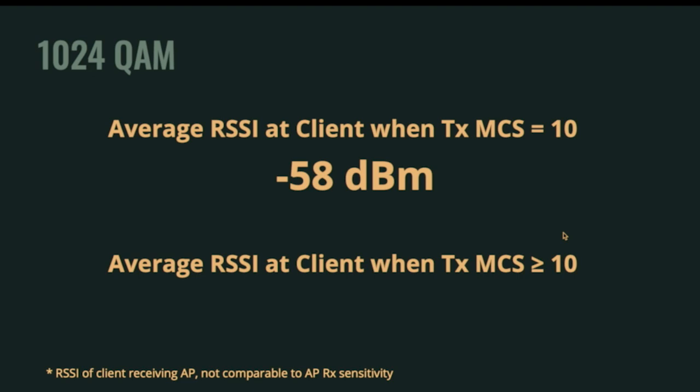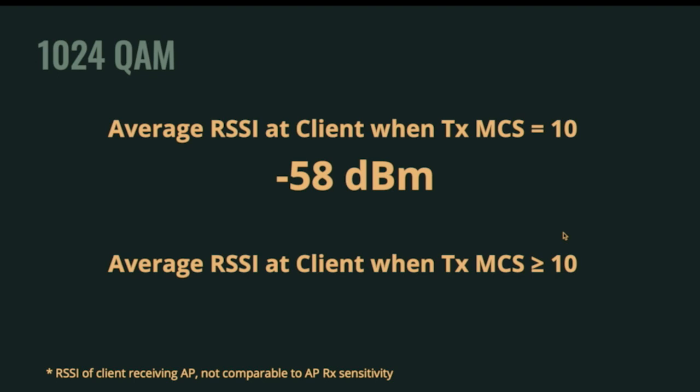Minus 58 is the average across all that sample that we looked at. To put that in context, if your association edge is like minus 65, doing some rough dB math, 6 dB in is going to be about half that range. That would be minus 59. It's just under half the range of the AP.